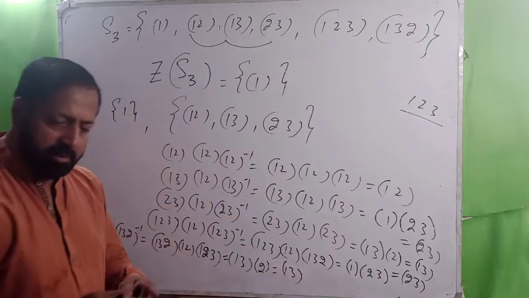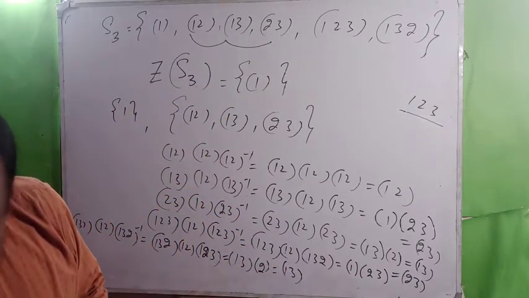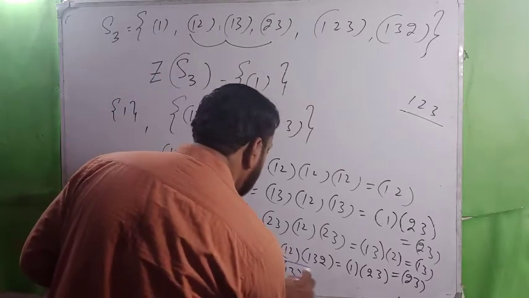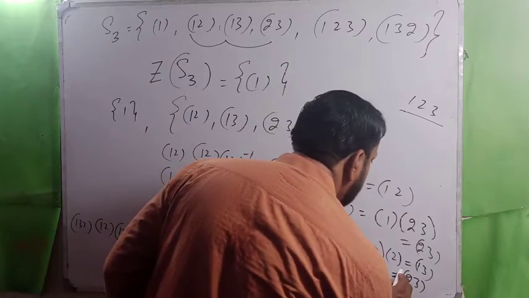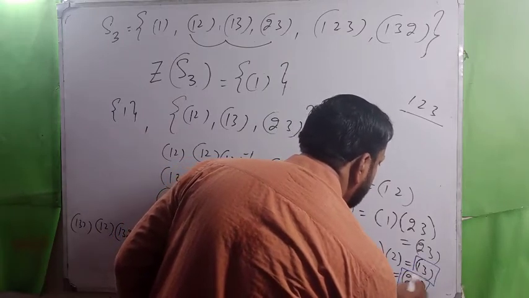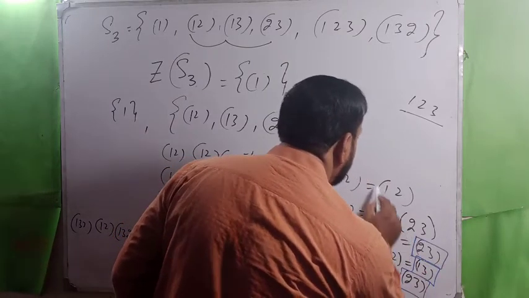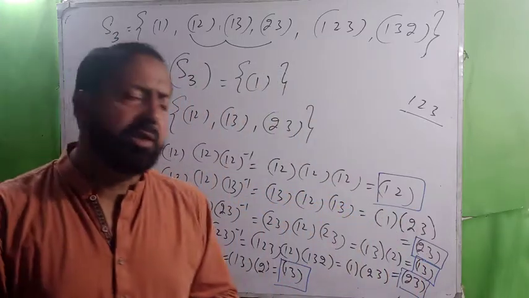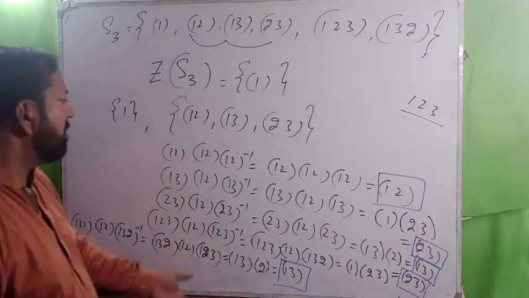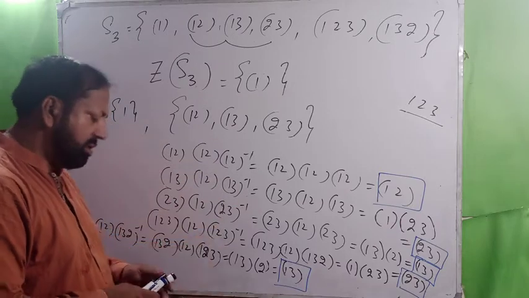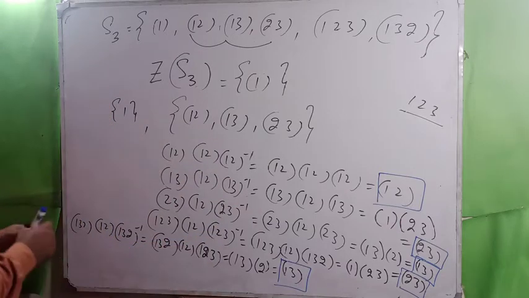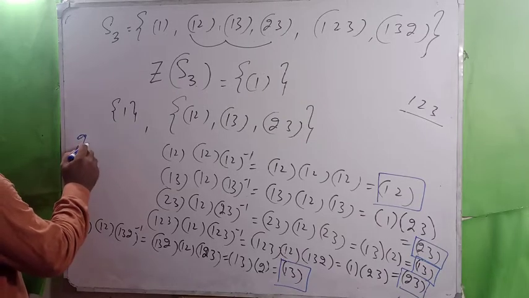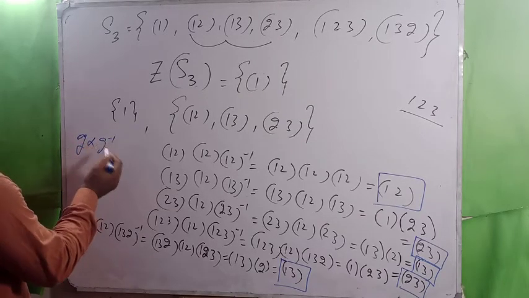So these are the elements corresponding to this (1 2). You see, these are the transpositions. So these are the conjugacy classes. You know that to find the conjugacy class, we write G alpha G inverse.